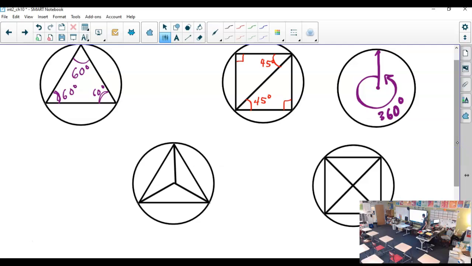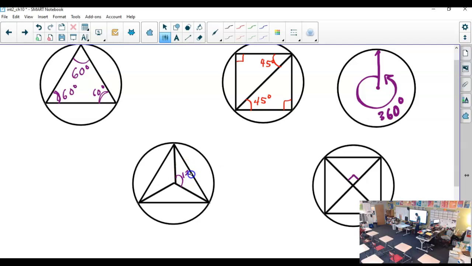Mr. Hudson, is it okay if I extend the line through the midpoint of the triangle to the other side? Sure. That's just going to be easier for me. So what would this angle be? That angle is 120.